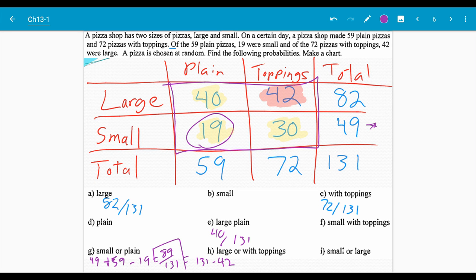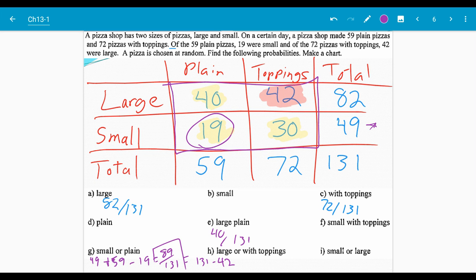Because you're looking at a large plain pizza. The 82 that you had were just the total number of large pizzas. So the wording becomes very important, and we'll see more of this when we talk about conditional probability on Monday. If I had phrased it as, given that you have a large pizza, what is the probability that it is a plain large pizza, then it would have been 40 out of 82.